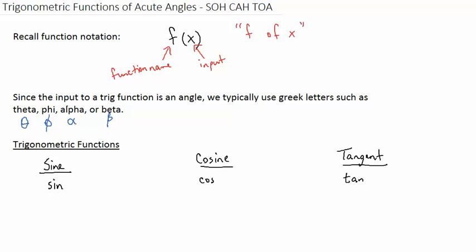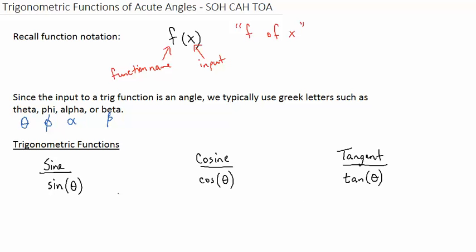Just like with our function notation, we need a function name, which for sine we already have, and then in parentheses next to it the input, just like the x up here, but instead of x I'm going to use theta. So I have sine of angle theta, cosine of angle theta, or tan of angle theta. That's the function notation for those 3 trigonometric functions.